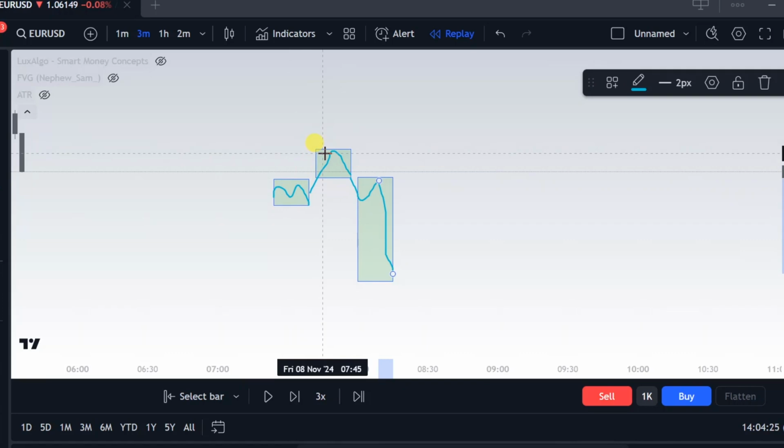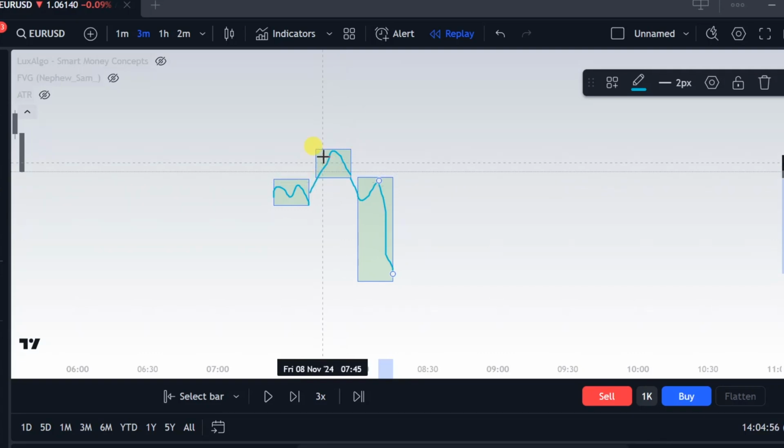So during manipulation, you want to see a strong move to the upside. This is usually characterized by a fair value gap. You want to see price at least leave a fair value gap as it's moving to the upside, and then also as it's trying to come back into this range, where it was trying to accumulate, you want to see it come back with some strong price action, also characterized by a fair value gap.